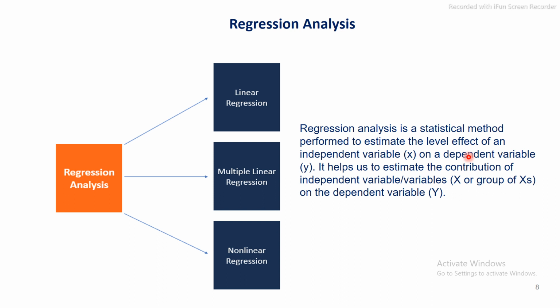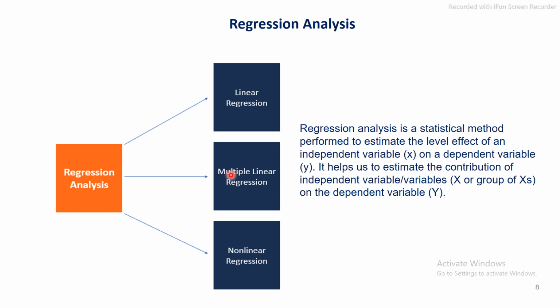If you have one independent and one dependent variable, then we say it's a simple linear regression. Linear means if you move one data in the X direction, Y will also move, maybe in a positive or negative direction. That is linear, a one-to-one relationship.